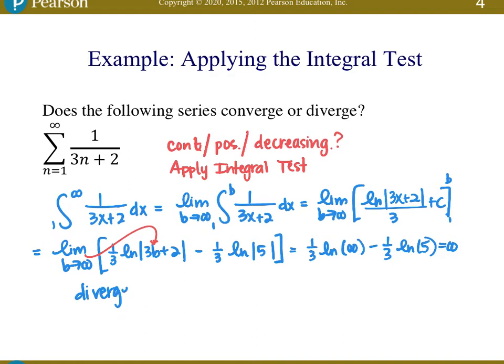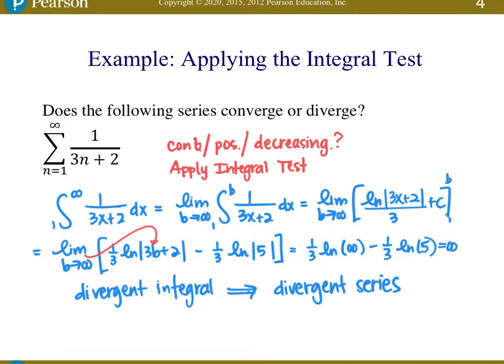This is a divergent integral then. And a divergent integral implies a divergent series because of the integral test.